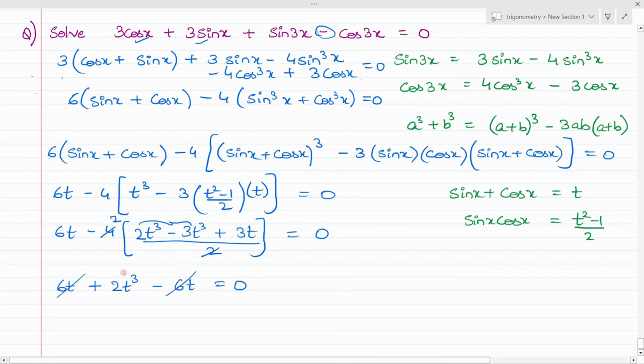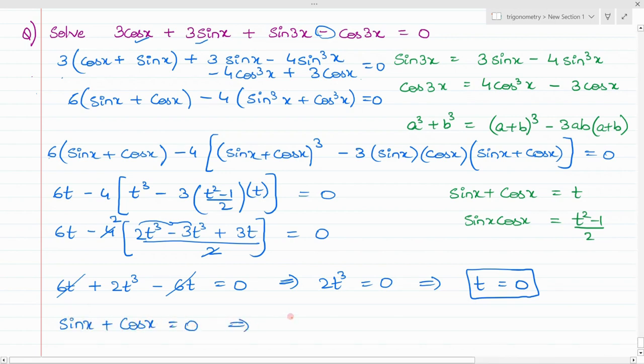So this gets cancelled. From here, 2t cube is 0, which is nothing but t is 0. So just substitute the value of t, which is nothing but sin x plus cos x is 0. This can be written as sin x is equal to minus cos x. So when you divide it, you'll get tan x is equal to minus 1.